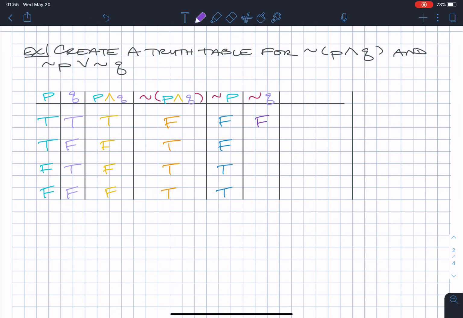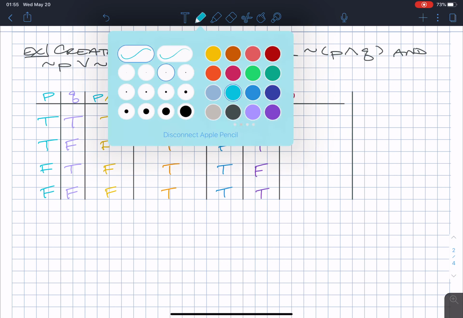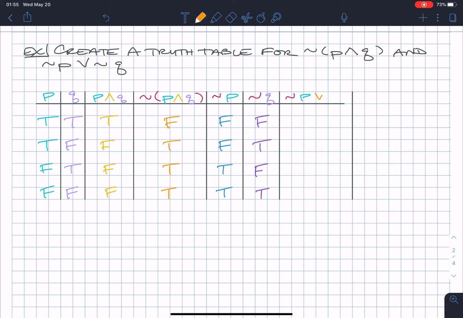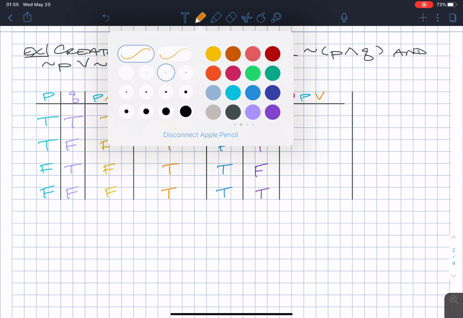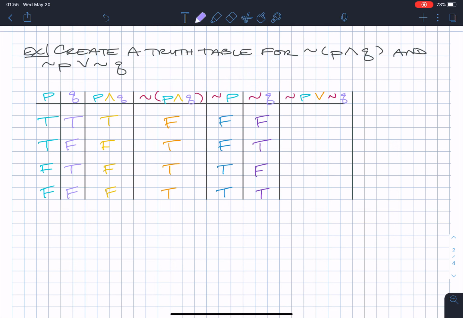So it'll be false, true, false, true. Okay, so now I wanted to look at not P or not Q. That's why I had to write them right next to this here.